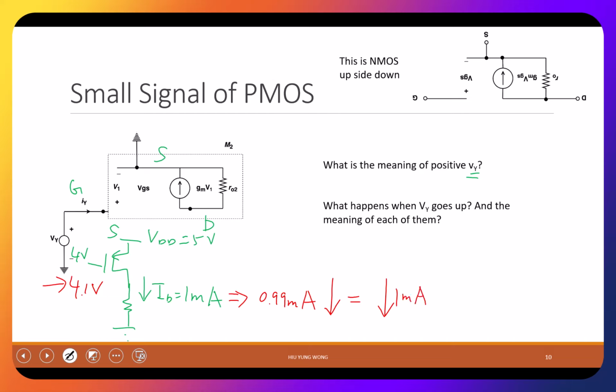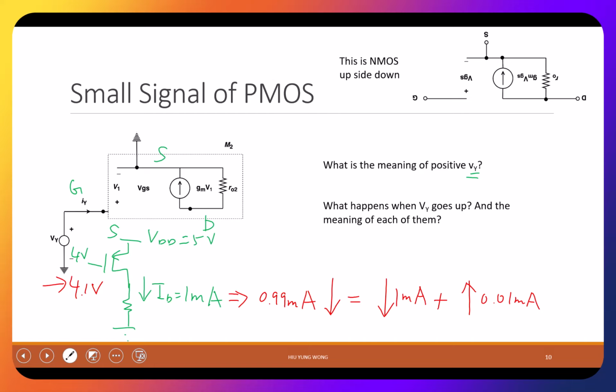Before I apply any small signal, it has 1 milliampere going down, plus 0.01 milliampere going up. Sorry, 0.99 going down is the same as 1 milliampere going down and 0.01 going up. Make sense? Because you just add them.